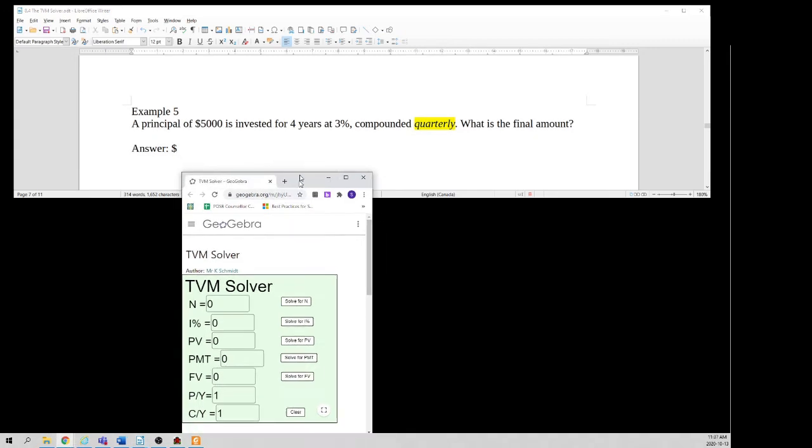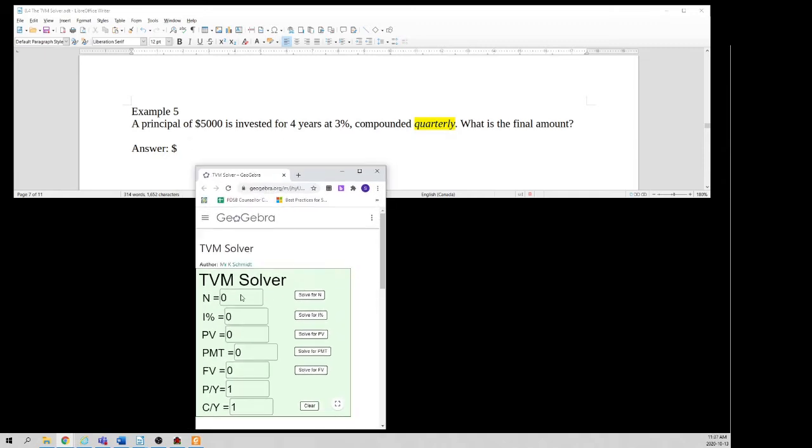So here, very similar to the previous question, we've got 4 years, 3%, present value, negative 5,000. We want the final amount, which is our future value or amount, and we are compounding 4 times per year.